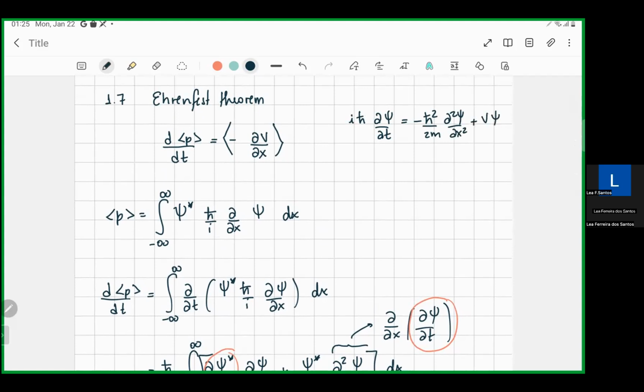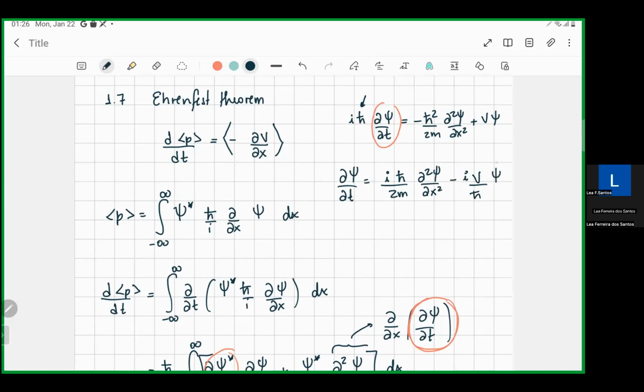Okay, now I'm going to isolate just this part here because that's what we wanted down here, right? So let's isolate that. We already did this in class. Let's do it once again. This will now become, because I'm dividing by this h bar here, the i that would go in the denominator, I bring it up so it becomes a plus i divided by 2m. And on the other term, I'm bringing the i up so it becomes negative, and I have the potential V divided by h bar, times psi.